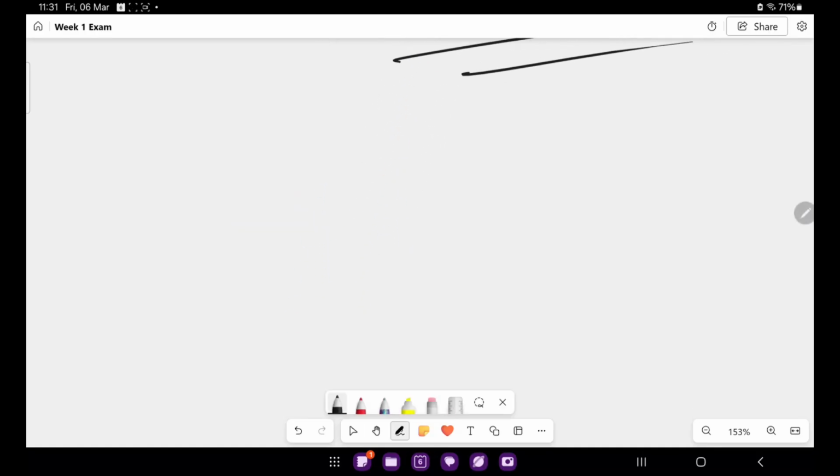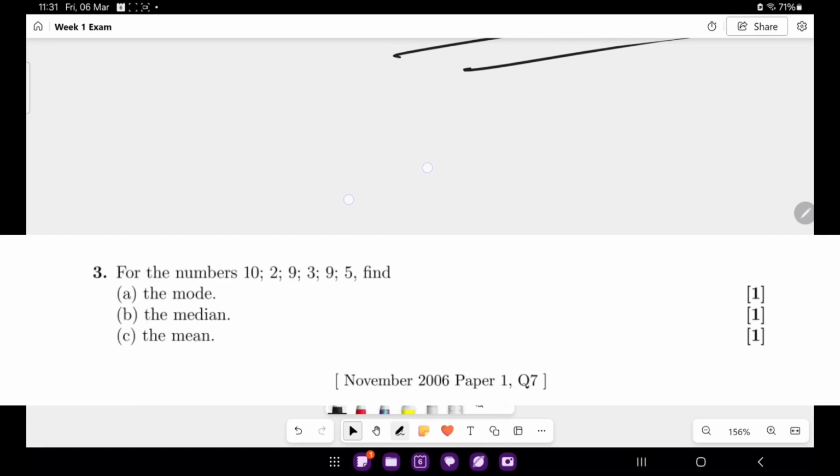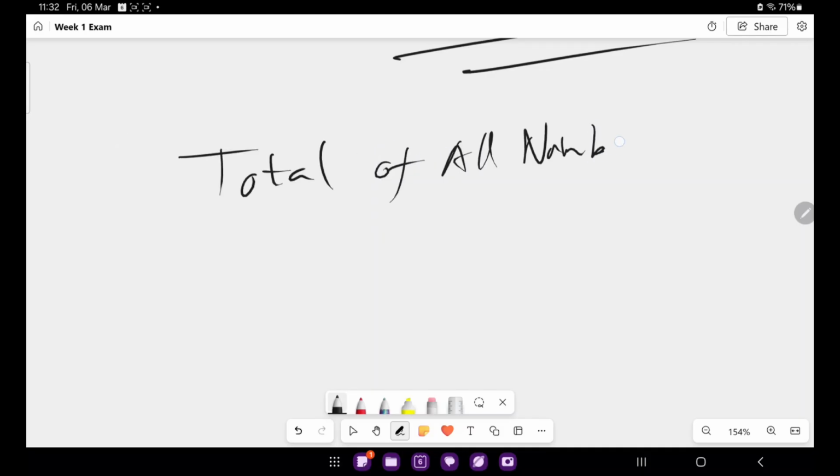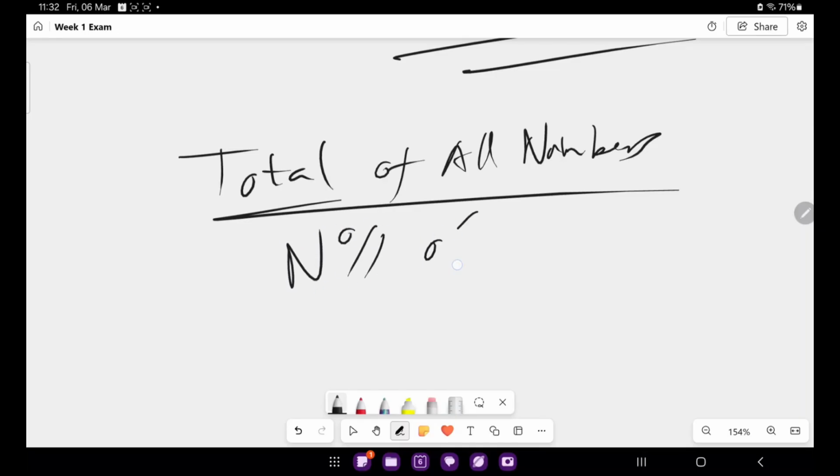Okay, 3C. Find the mean. So when we find the mean, we add all the numbers, and then we divide by the number of numbers that we have.